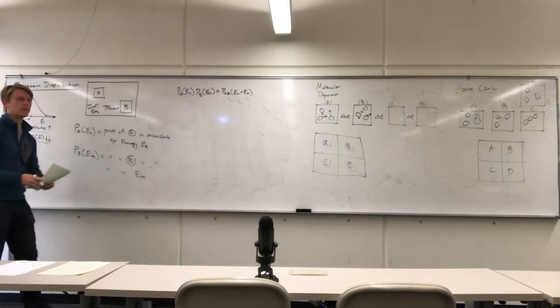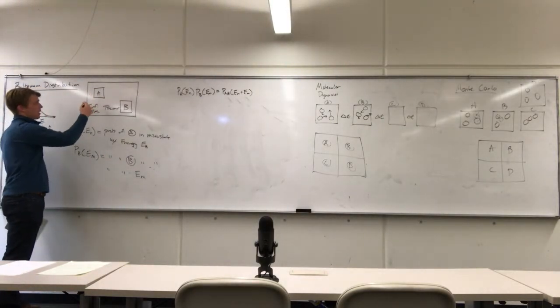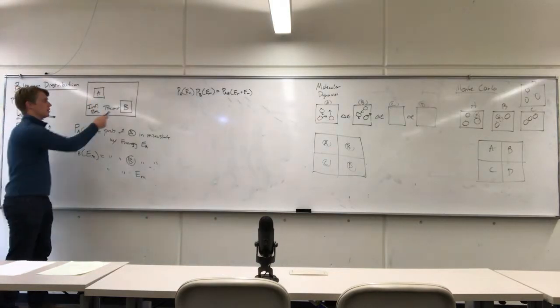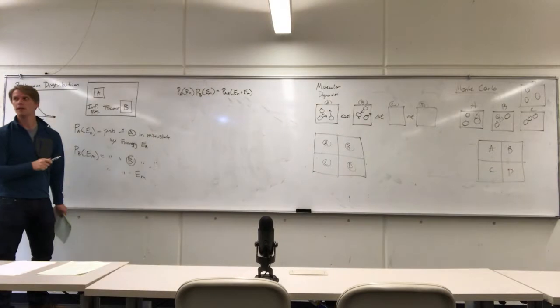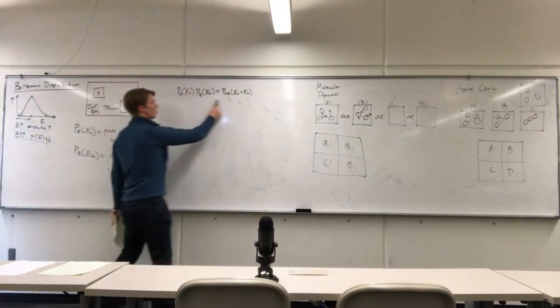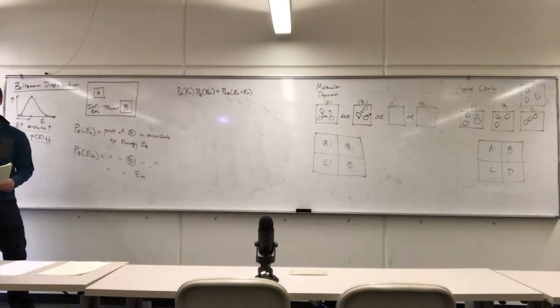Right, so we can kind of think of this like, what is the probability that box A has a red colored ball, and the probability that box B has a red colored ball? And then multiply those two together, gives you the total probability that the combined system has some property. Make sense?